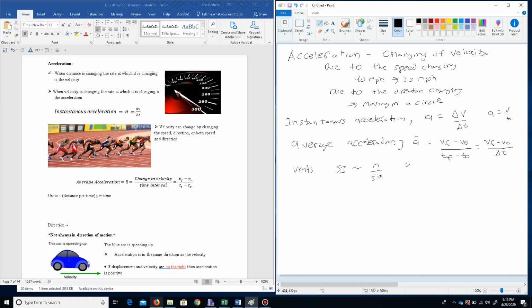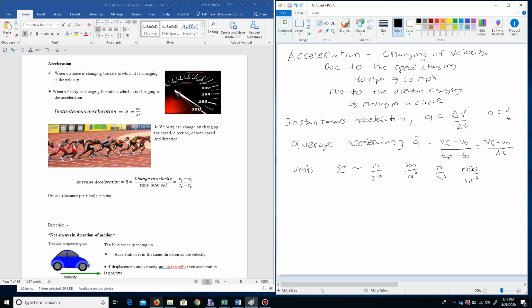So you can have something like kilometers per hour squared, meters per hour squared, miles per hour squared. All these can be acceleration units because it's a distance divided by a time squared. Usually we keep the units for the time squared the same units.